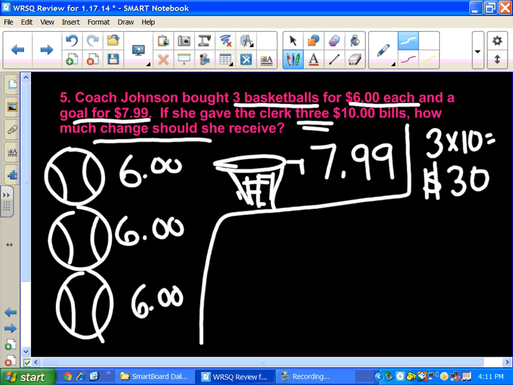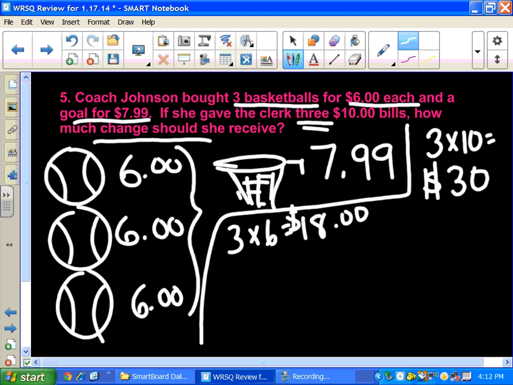Okay, and then we subtract that amount from what she gave the clerk. So I can see this is simple enough here, 3 6s. So I know 3 times 6 is $18. And then one goal of $7.99, and together that's my total cost.